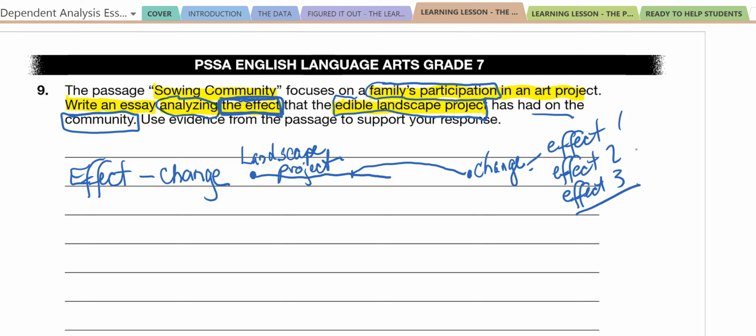So it can have positive effects or negative effects. They can be expected changes or unexpected changes.